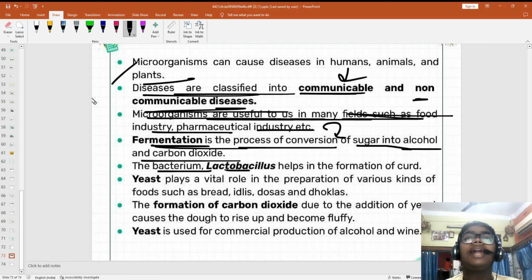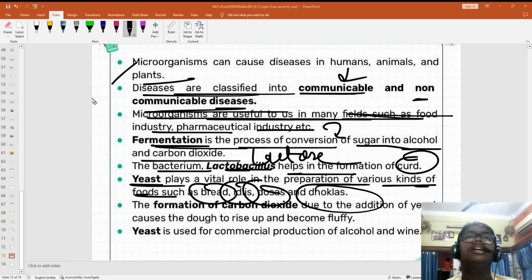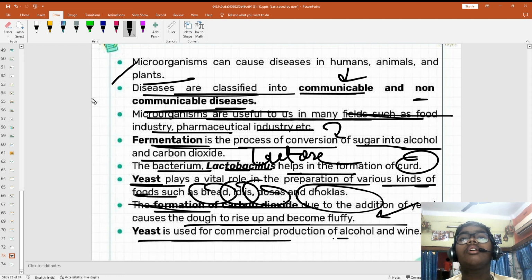The bacterium lactobacillus helps in the formation of curd. Lactose is converted into lactic acid. Yeast plays a vital role in the preparation of various kinds of food such as bread, idlis, dosas, dhoklas. The formation of carbon dioxide causes the dough to rise up and become fluffy. Yeast is used for commercial production of alcohol and wine.